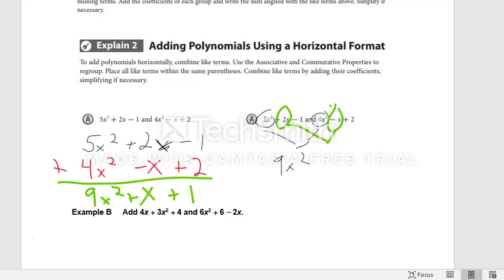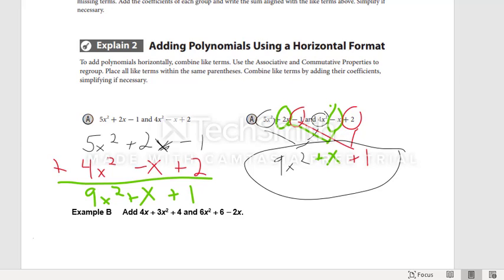Combine them. 2x minus x is just x. And I have a minus 1 and a plus 2. Combine them. Negative 1 plus 2 is plus 1. So either way, we get the same answer, whatever you prefer.